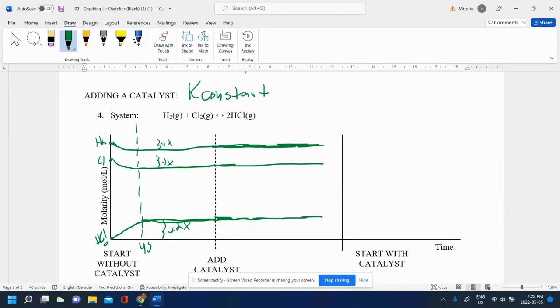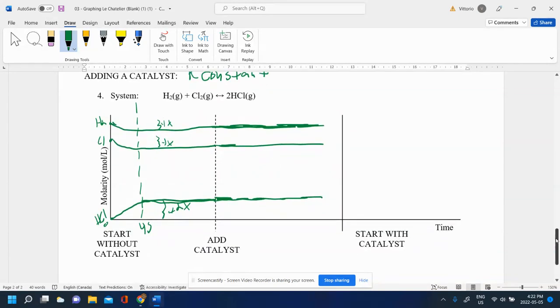Now, suppose instead we started the reaction with a catalyst in there as well. Now, something different will happen. It will allow you to reach equilibrium faster. So here, for example, it took me up to 4 seconds for the concentrations of everything to stabilize.